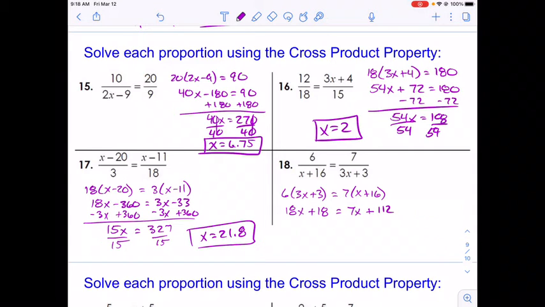Okay, now I'm going to subtract 7x. That's going to give us 11x. I'm going to subtract 18. So 11x is equal to, that's going to give us 94. Divided by 11. That gives us that x is equal to about 8.5.